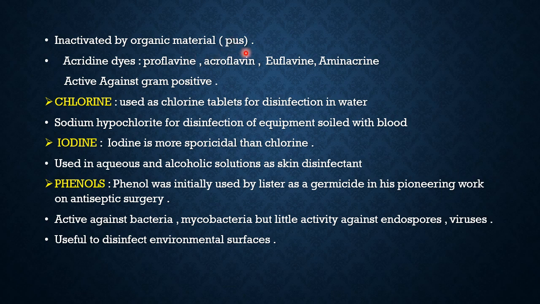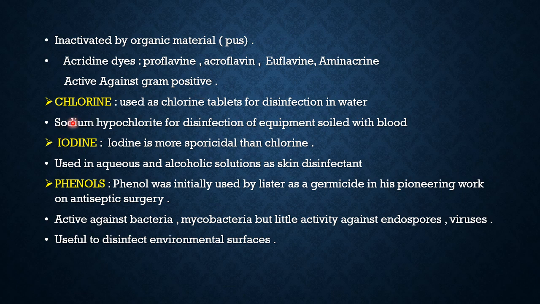Organic matter interferes with the dye's ability to interact with bacterial cell walls, hence they get inactivated. Apart from that we have acridine dyes like proflavin, acriflavin, euflavin, and aminacrine. All these are active against gram positive bacteria.